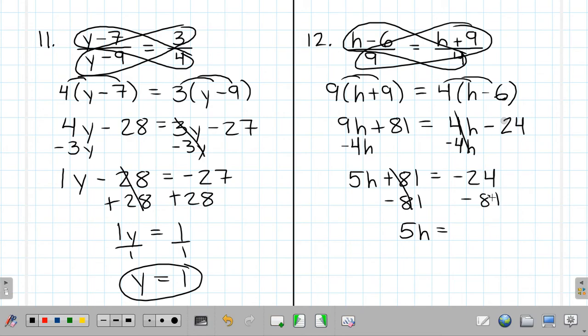Once again, dealing with some bigger numbers here, and we've got negatives floating around, so I have no problem with you double checking yourself on a calculator. Negative 24 minus 81 is going to be negative 105. Same steps, and that's why we have the calculator to help us. h is equal to negative 105 divided by 5, that's going to be negative 21.